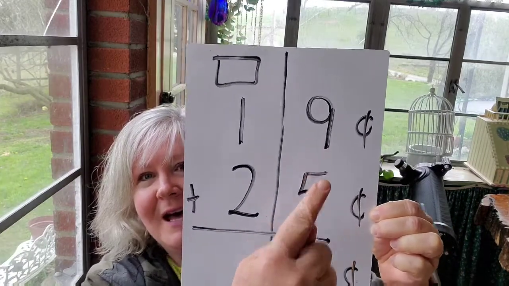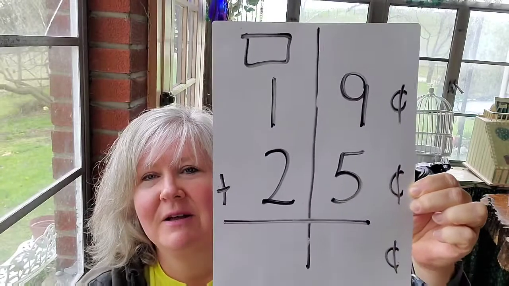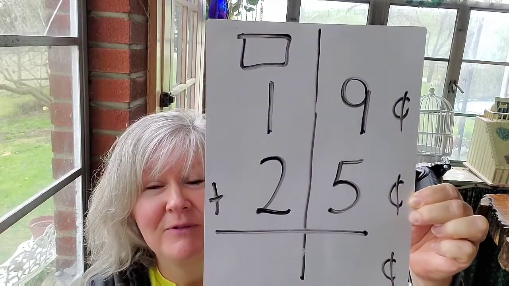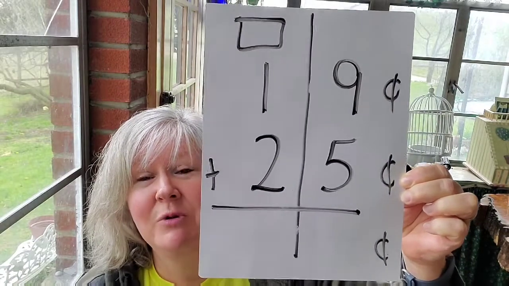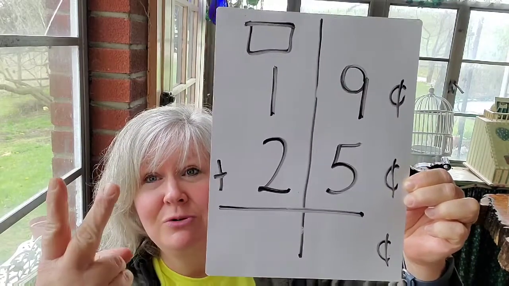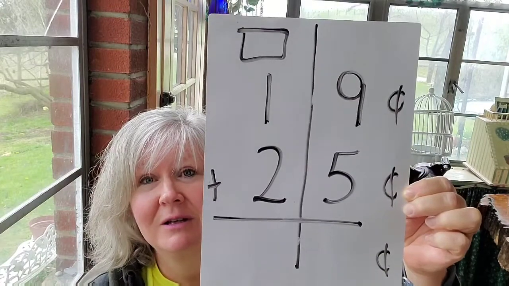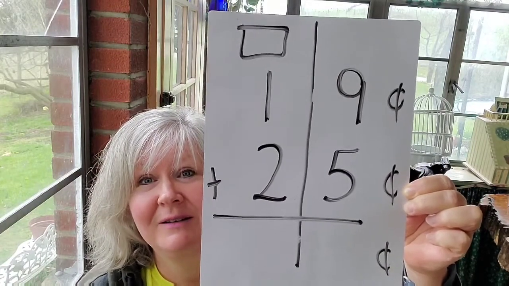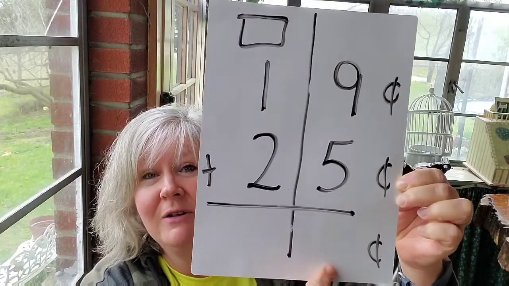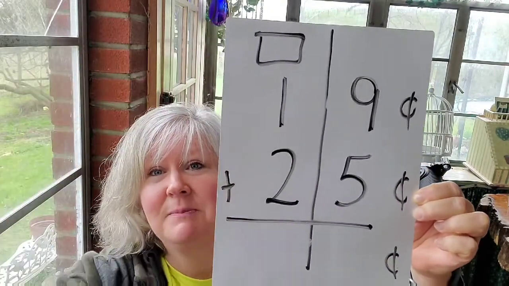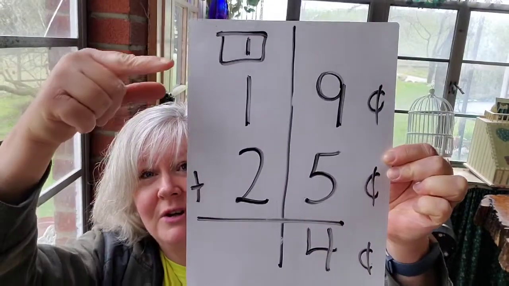So let's look at the ones place value. We have 9 plus 5. Quick as a snap. What's it equal? 14. Do we regroup? Are there 2 digits in our answer? Did we make a new stick of 10? Yes. So we're going to regroup. Put your 4 here in the ones. Put your 1 up in the tens box. You're all set.